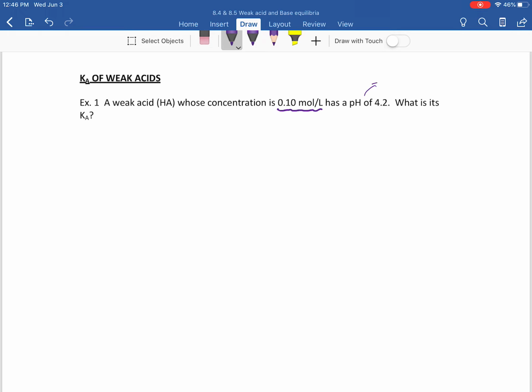So what this is actually telling me is the pH at equilibrium. Okay, so we can use this. Step 1, set up our ICE table.